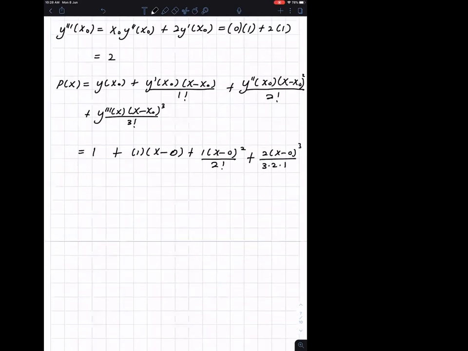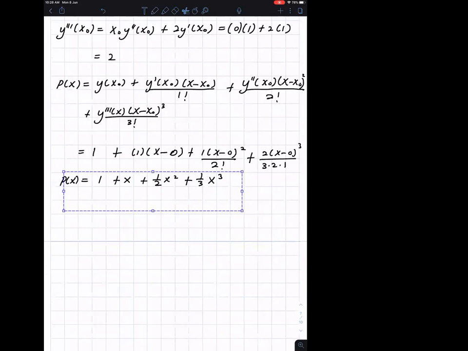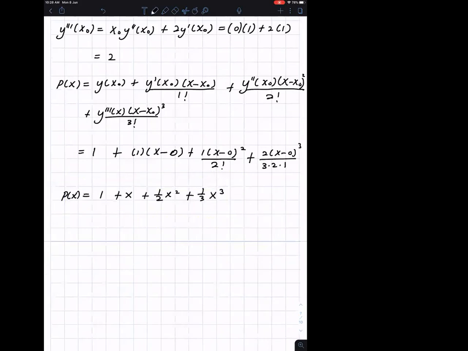Then you do the mathematics, just evaluate them. So p(x) is going to be 1 plus x plus 1 half x squared plus 1 third x cubed. So that's a Taylor series polynomial.